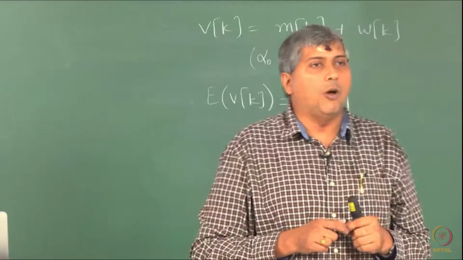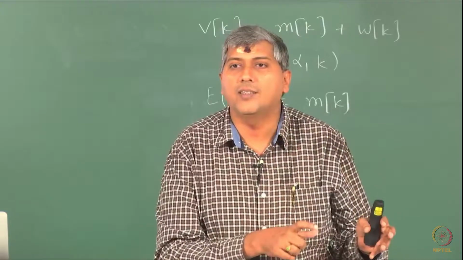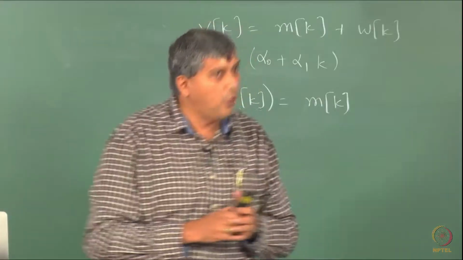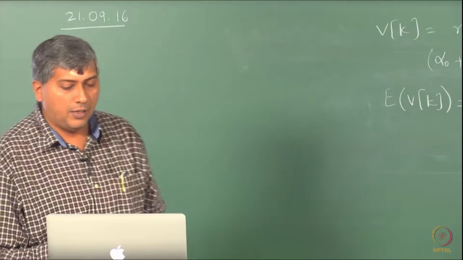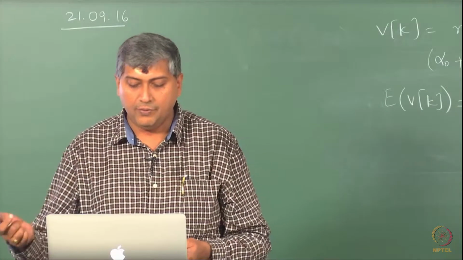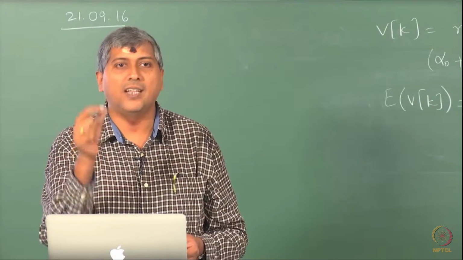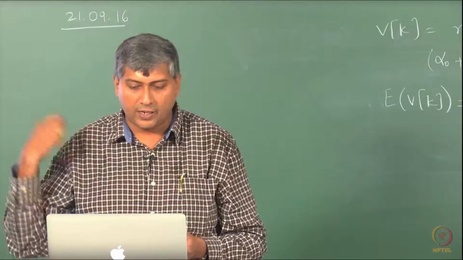So, any averaging operation from a filtering viewpoint is equivalent to letting the signal pass through a low pass filter. A low pass filter allows only low frequencies to go through, and that is why this approach, where we locally average the series and estimate m k, can be thought of as a filtering approach. And based on this, there are several ideas.